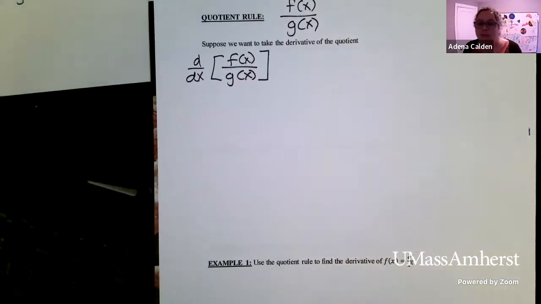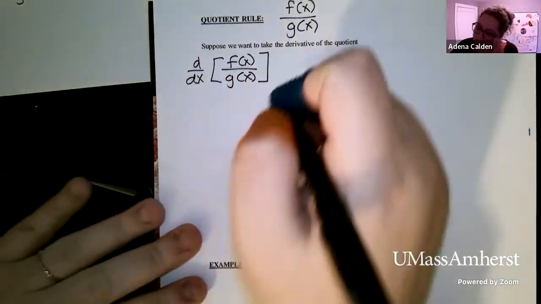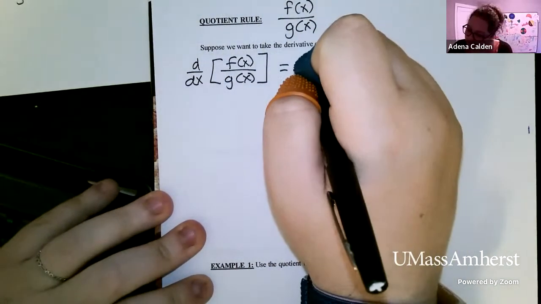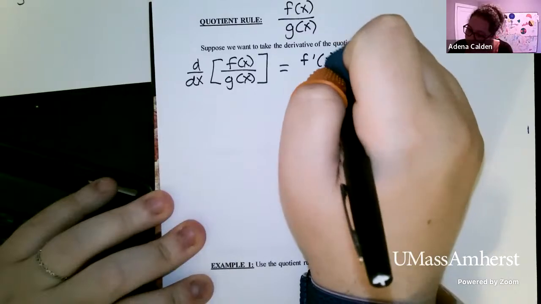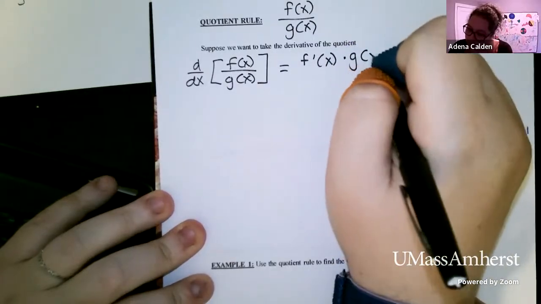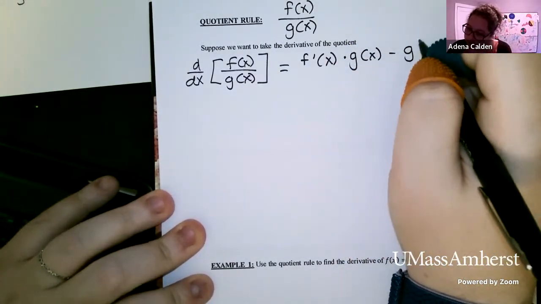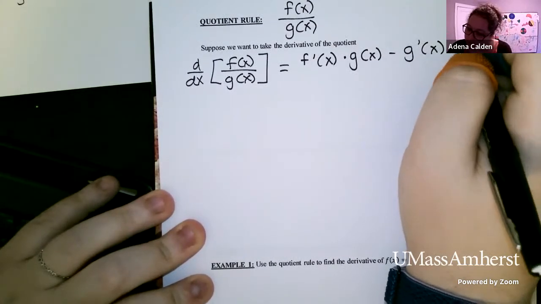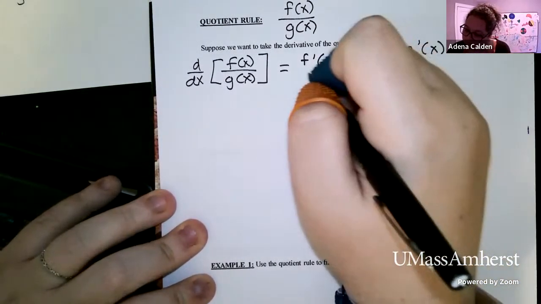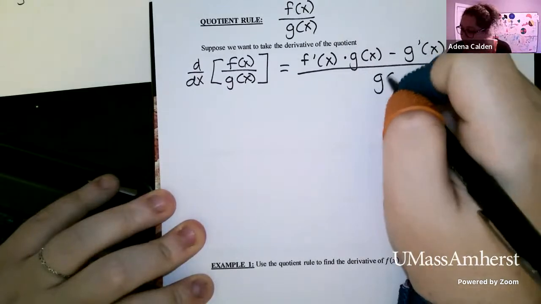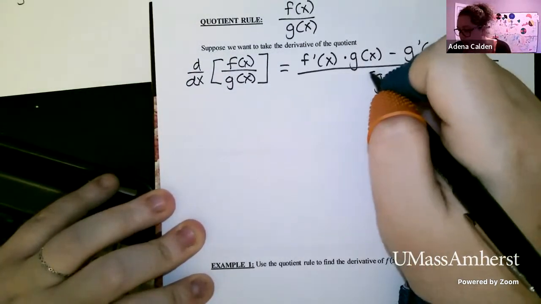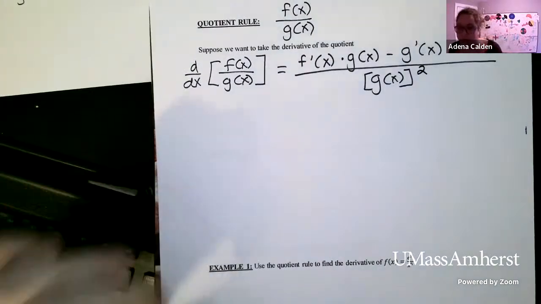So when you take the derivative of a quotient, the formula looks like this. So f prime of x times g of x minus g prime of x times f of x, divided by g of x squared.